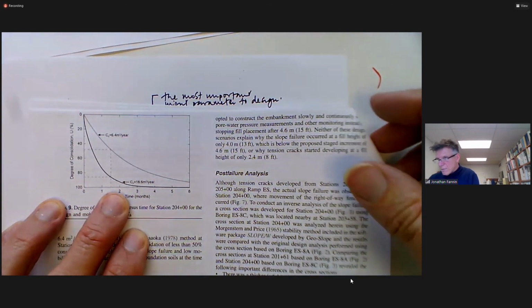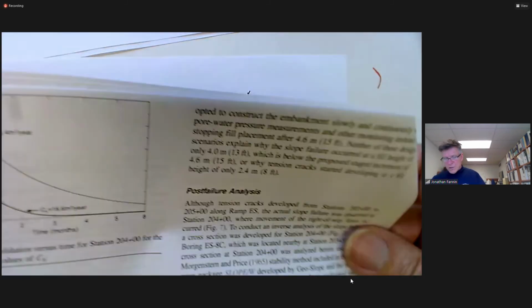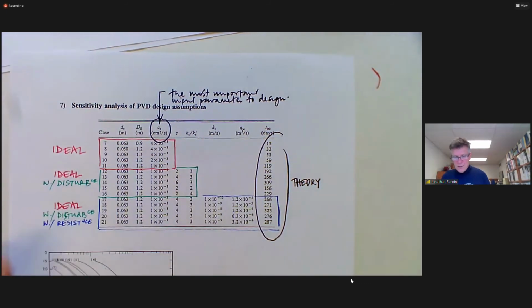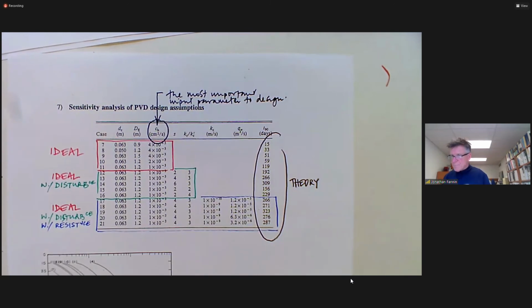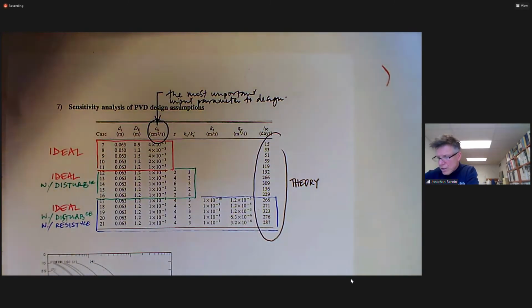It failed for a couple of reasons, one of which was the question of the coefficient of consolidation in radial drainage. So that observation from Tim Stark tends to complement the sensitivity analysis here. So that's how I wanted to close.